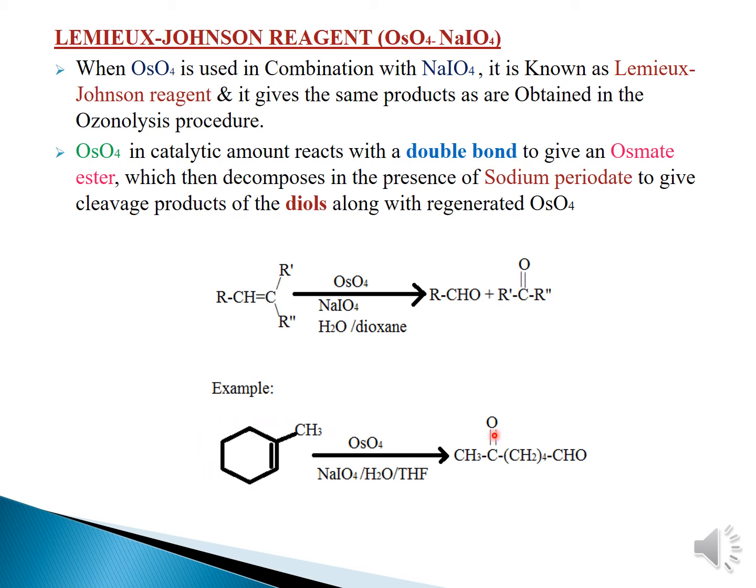In the example, the R group can vary with respect to alkyl groups. It can be either CH3 or benzene, alkyls or aryl groups. If we take this precursor compound and treat it with osmium tetroxide in the presence of sodium periodate, in THF under aqueous conditions, this bond breaks and you get a ketone as well as an aldehyde.